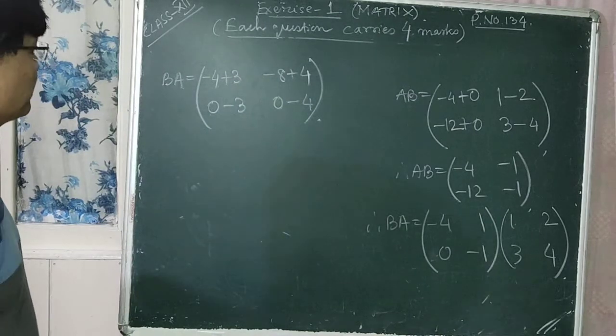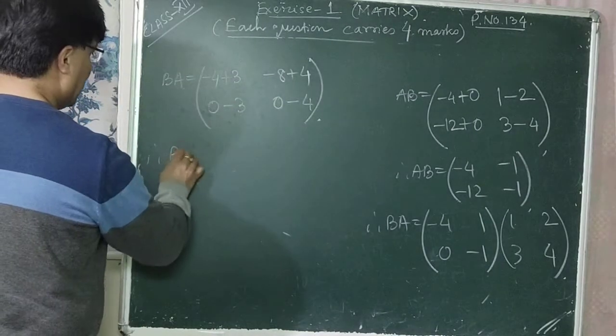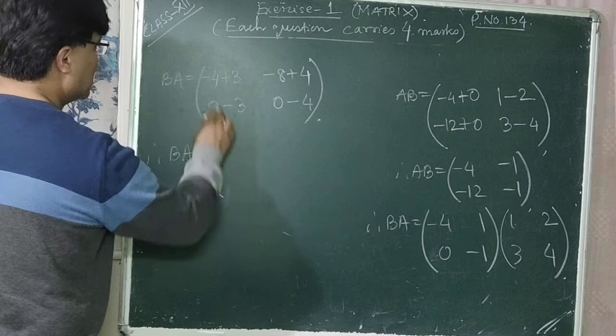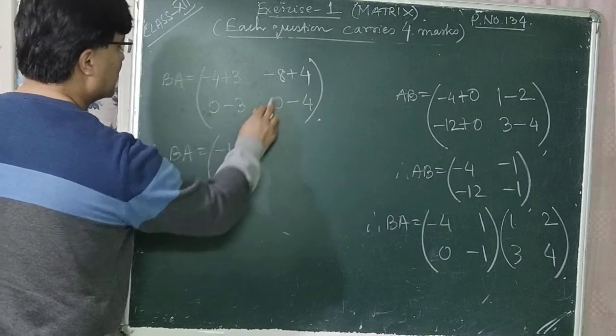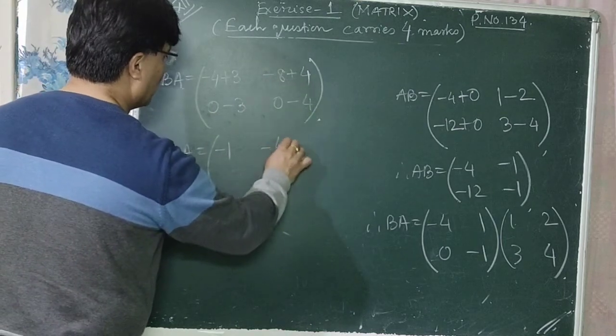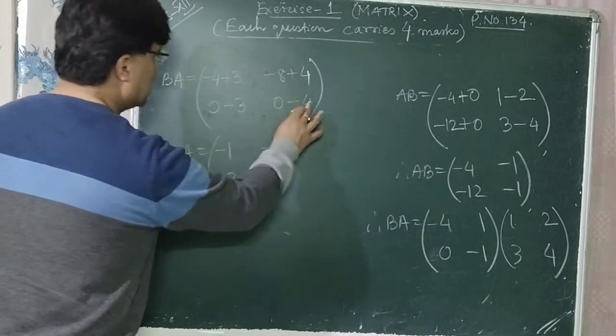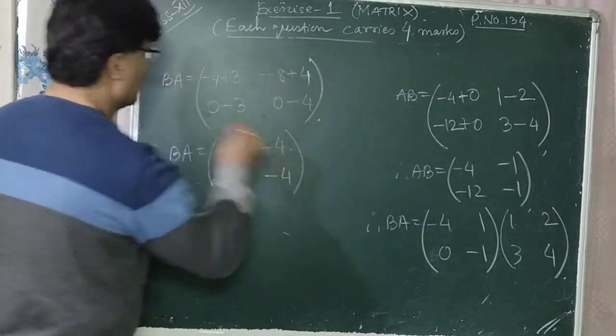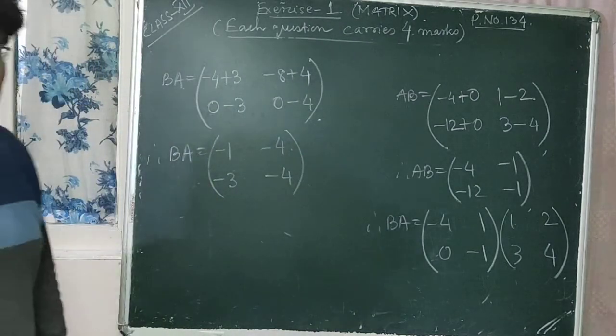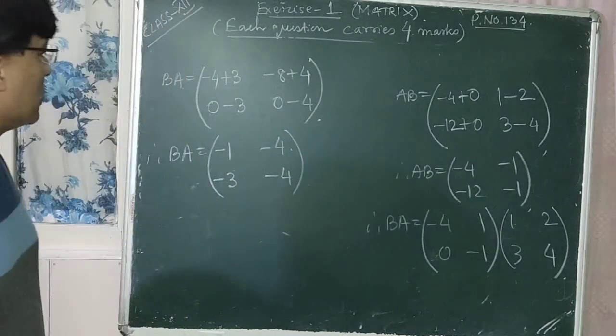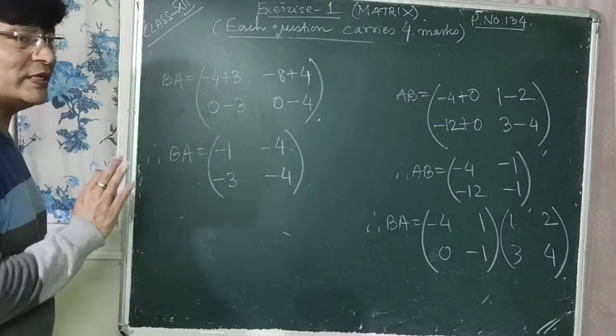Is that clear now? So therefore BA is equal to, now this is minus 4 plus 3, minus 1, minus 8 plus 4, minus 4, and this is 0 minus 3 is minus 3, and 0 minus 4 is minus 4. Is it clear to all of you? So in this case, what do we see?